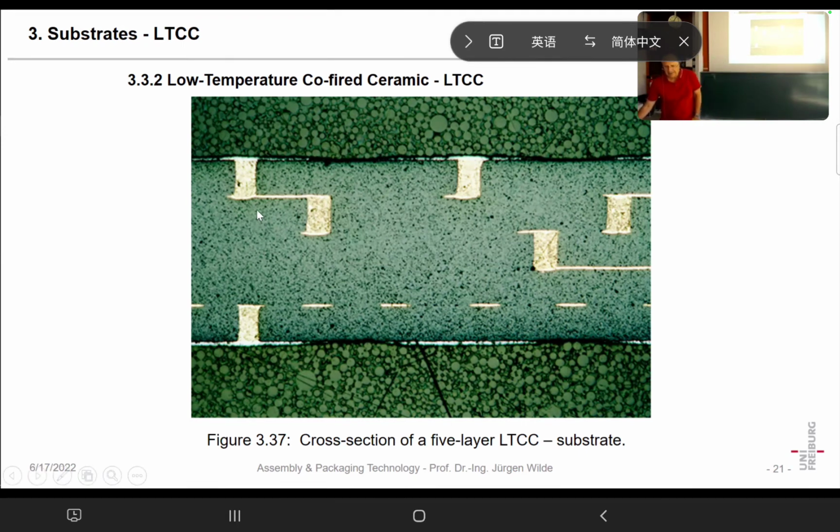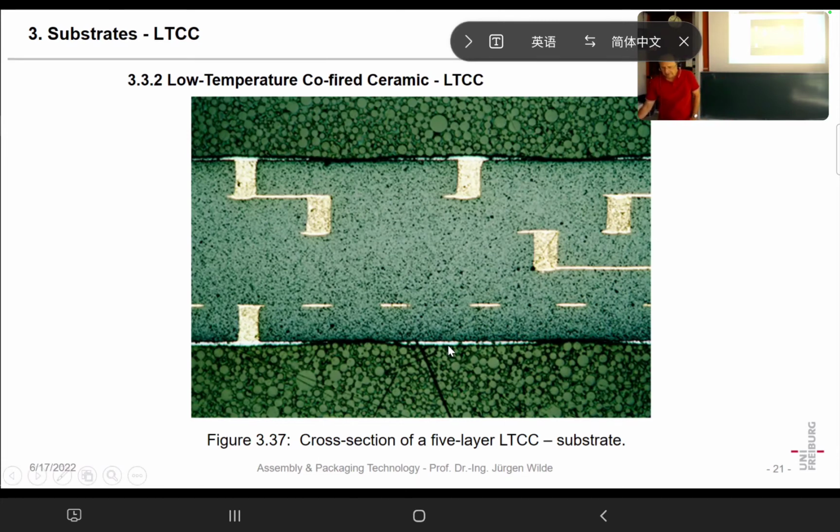Here, that's an example. Here we see the ceramic layers. It's the typical aluminum oxide layers. It still has a certain porosity. Also, the silver in here has a certain porosity still, but we can see we can make conducting layers, and we can make vias. And so all of the relevant properties or features we need for a multi-layer circuit can be accomplished in that way.